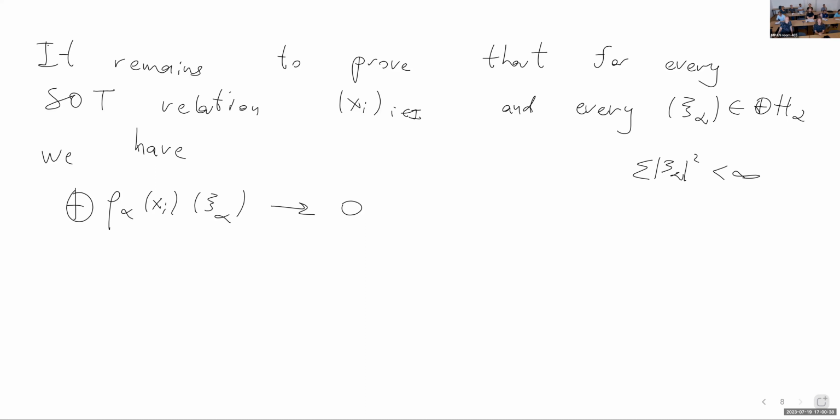This family could be arbitrarily large, but nevertheless only at most countably many coefficients are non-zero. It's an unconditional convergence. This is not a direct integral; it's just this, if alpha is more than countable. It's a direct sum, a discrete measure, a direct sum of Hilbert spaces.